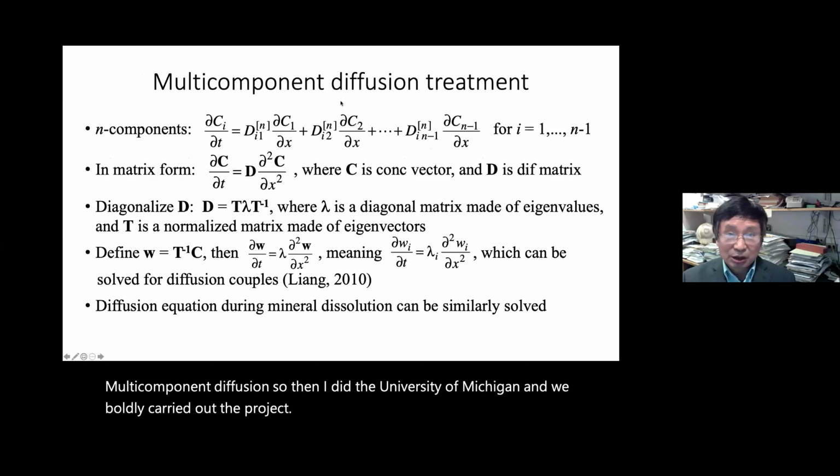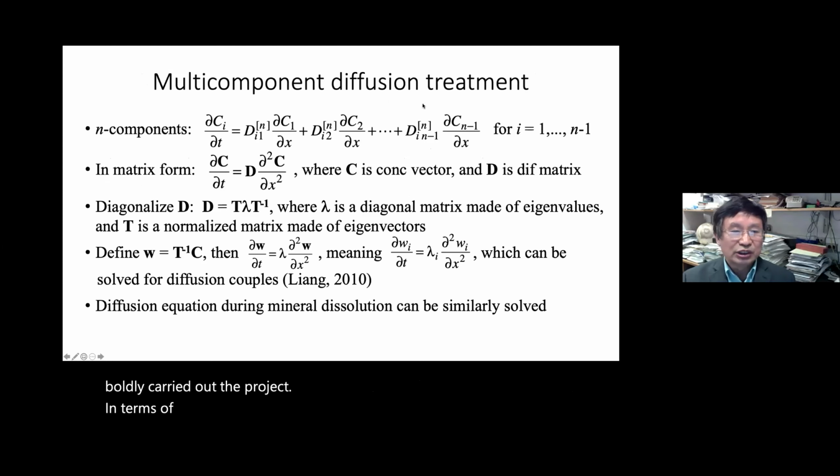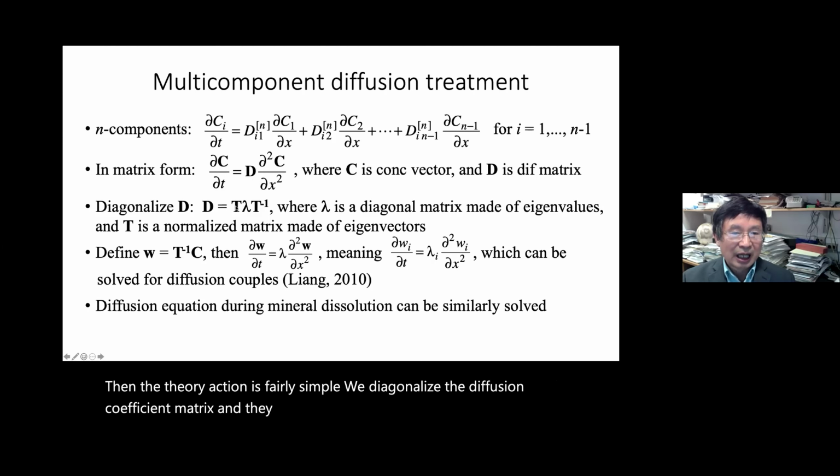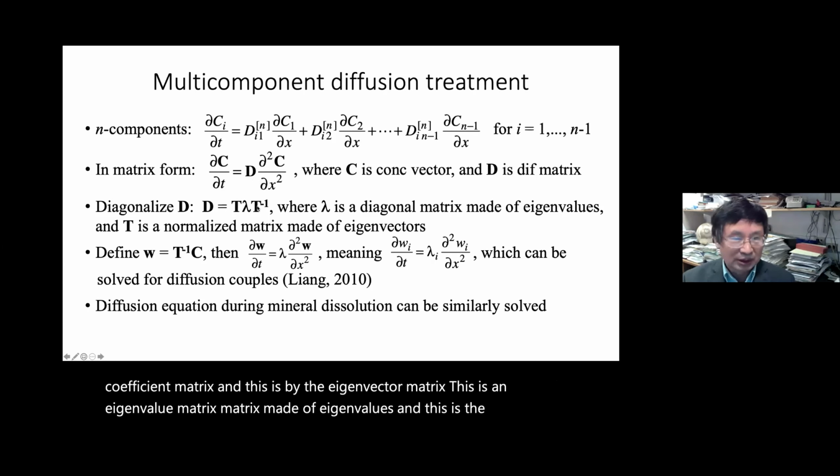To use the multi-component diffusion treatment, we start from the diffusion equation in matrix form, and the theory is actually fairly simple. We diagonalize the diffusion coefficient matrix: this is the eigenvector matrix, this is the eigenvalue matrix, a diagonal matrix made of eigenvalues, and this is the inverse of the eigenvector matrix.